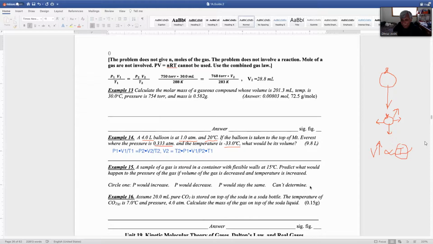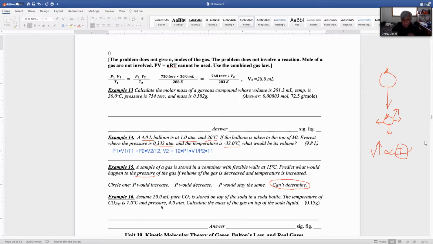Therefore, we cannot determine what would happen. Maybe pressure would increase, maybe it would decrease, maybe it would stay the same. We don't know unless some numbers are given to us.